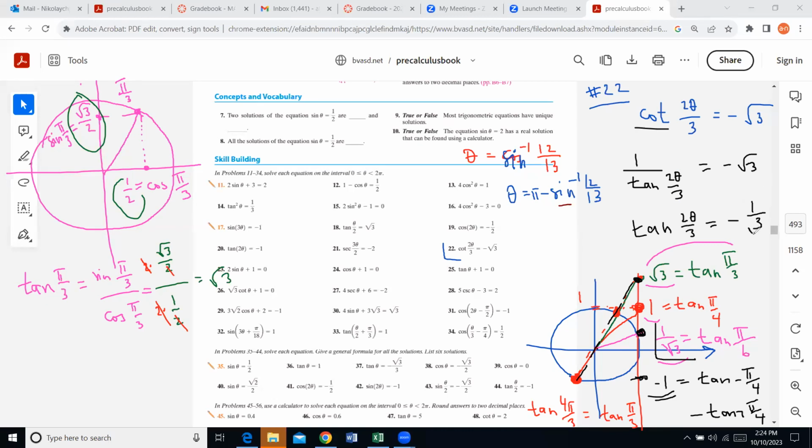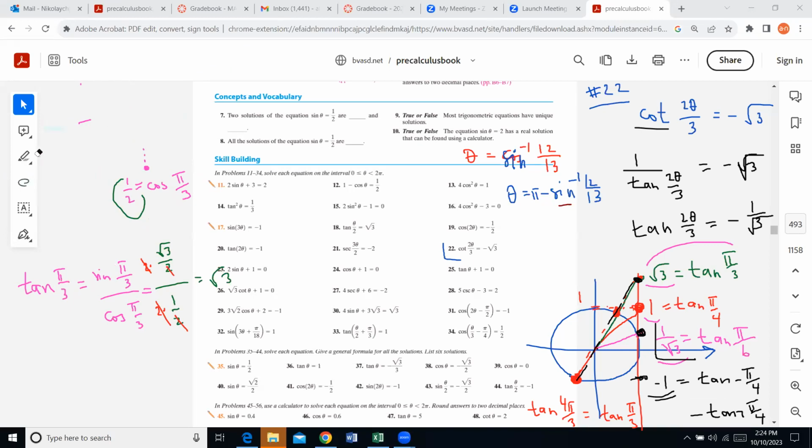Sorry, I forgot the square root. Should not forget the square root because it's not going to be very happy. So the square root is here. So I guess I'm going to continue on the left side of this. It looks like we're to solve a little equation. And again, since it's cotangent, friend of tangent, they both have period of pi, not 2 pi.